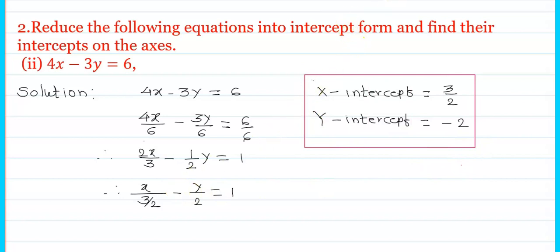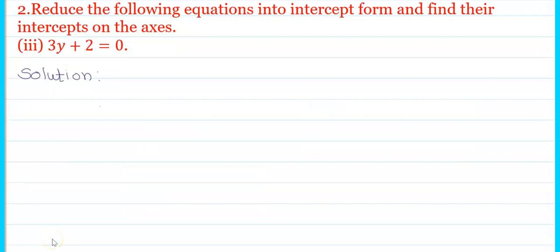Okay, this is in the intercept form. Now the next equation is 3y + 2 = 0.